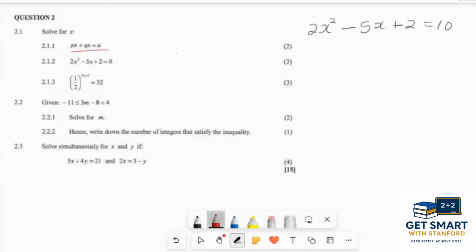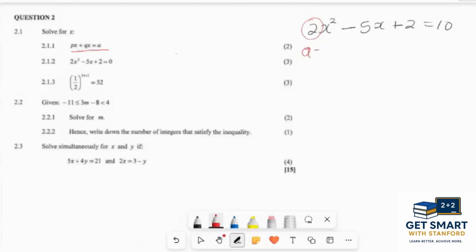But because our x squared, or the first term here, has got a coefficient which is 2, what is it that we're going to do? We need to follow a number of steps in order to get to the factors. First, let us extract them like this.